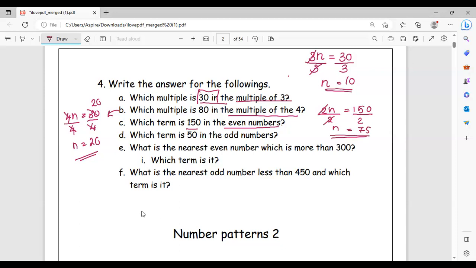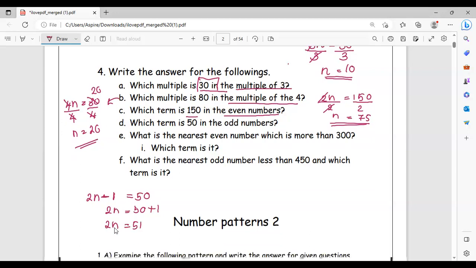Which term is 50? The odd numbers. What is the general term of odd numbers? 2n minus 1 equals 50. Then 2n equals 50 plus 1. Then 2n equals 51. We can't find it, because this is not an odd number.